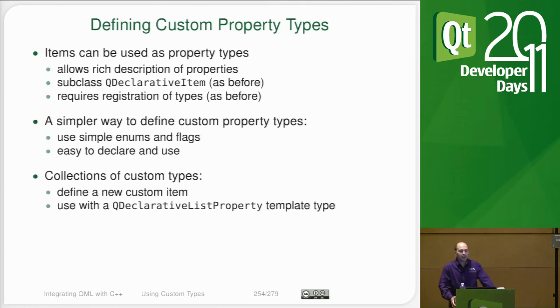So, defining custom property types. You can guess that things like float, Boolean, string, and colors work. But what if we wanted something more complicated, like another item or another QObject that's deep and has many properties? Or maybe we want to use enums from C++.